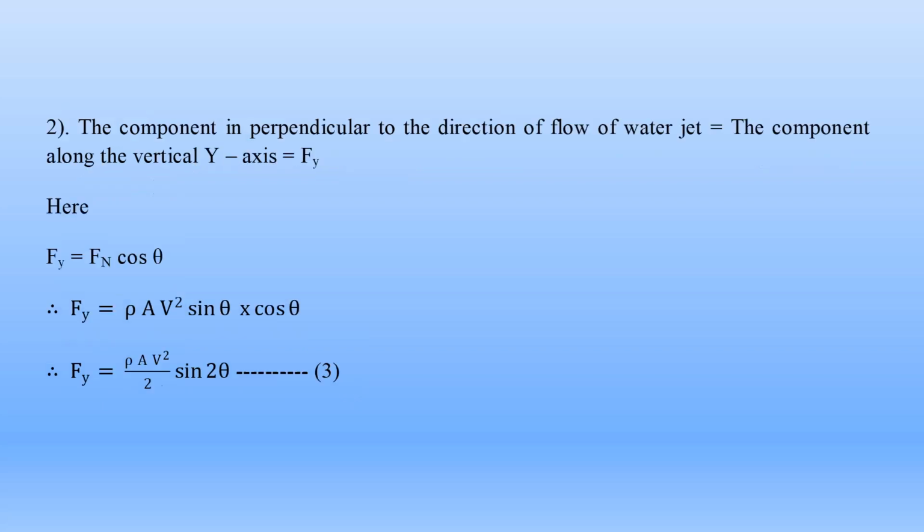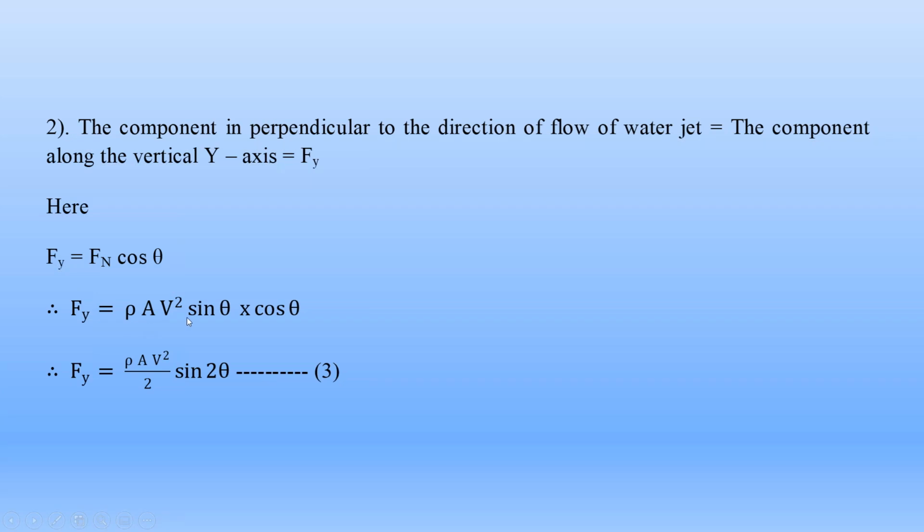Similarly, along the y-axis, the force Fy is equal to the projection of normal force Fn on the y-axis, that is Fn cos theta. So Fy is equal to Fn cos theta.